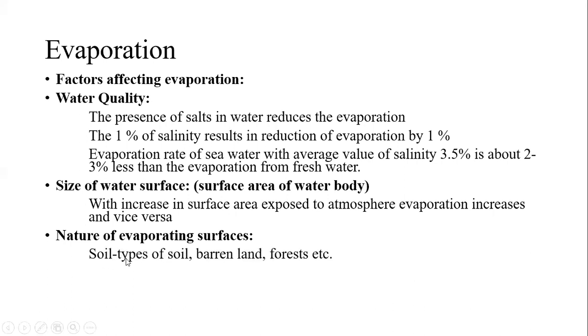Considering types of soil, say black cotton soil and red soil, we observe that the rate of evaporation from soils changes with the type of soil and with other conditions. For the red soil, evaporation is slower. For the black cotton soil, the rate of evaporation is much higher than that of the red soil.